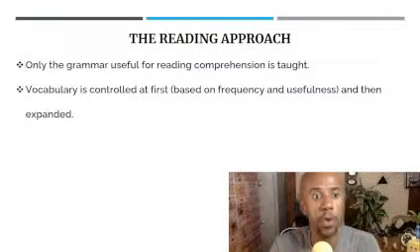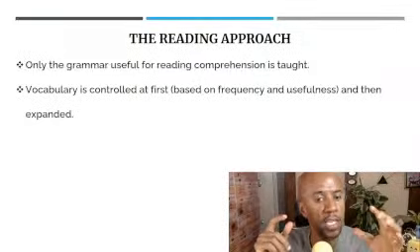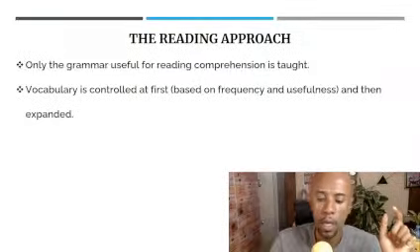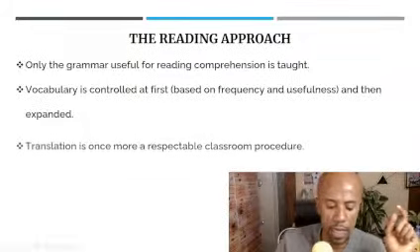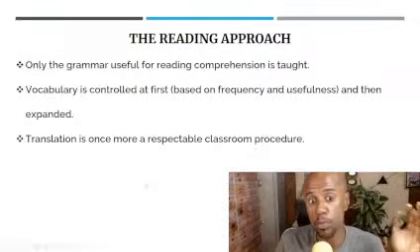Whereas in the reading approach, the vocabulary is very controlled at the beginning in terms of frequency, but also in terms of level. And so translation is once more a reasonable classroom procedure.